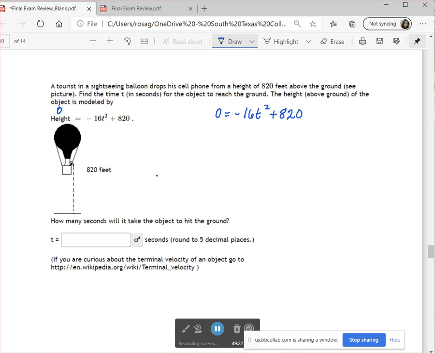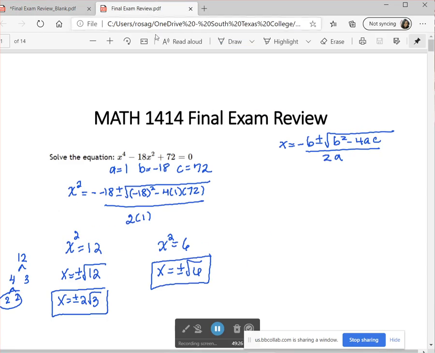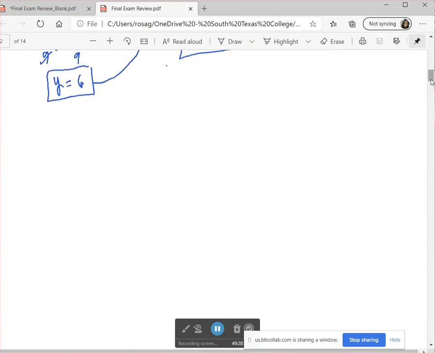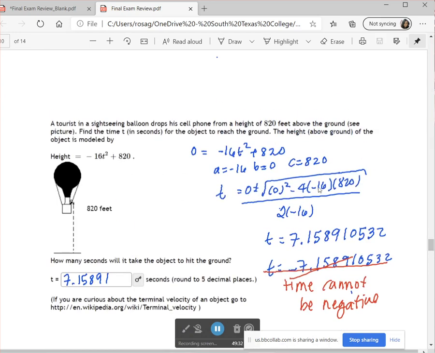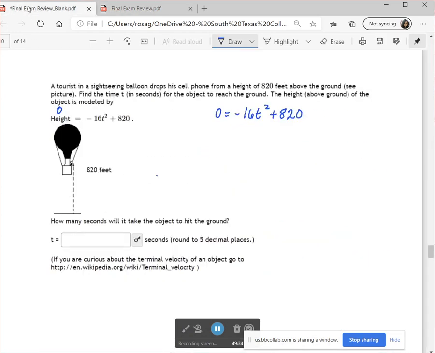And again, you can use the quadratic formula here. On the notes that I gave you, you have the quadratic formula. Let me get it here. I did use the quadratic formula and it's possible, but as long as I don't have a b, the b of the quadratic, I can do the square root property.